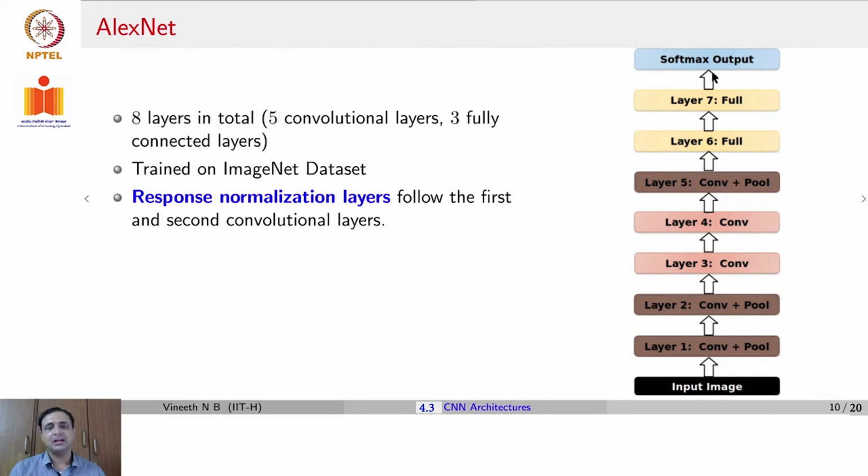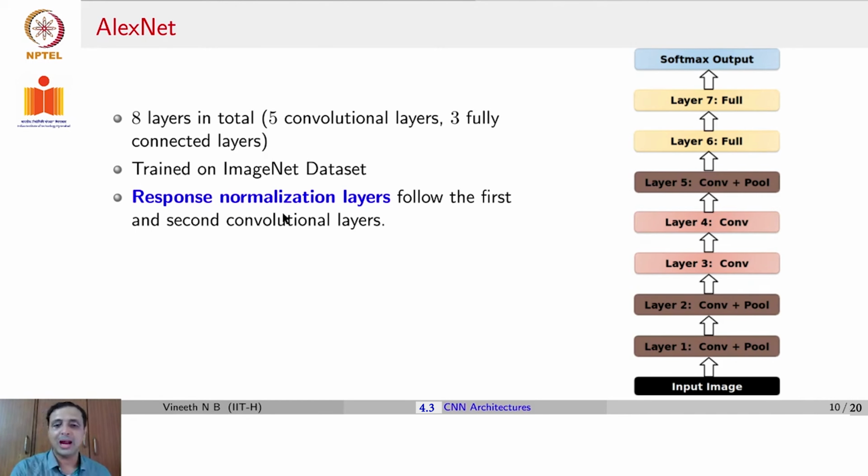The AlexNet designers also introduced a normalization layer called the response normalization layer. So we so far saw a batch normalization layer. Similarly, the response normalization layer normalized all the values in a particular location across the channels in a given layer.